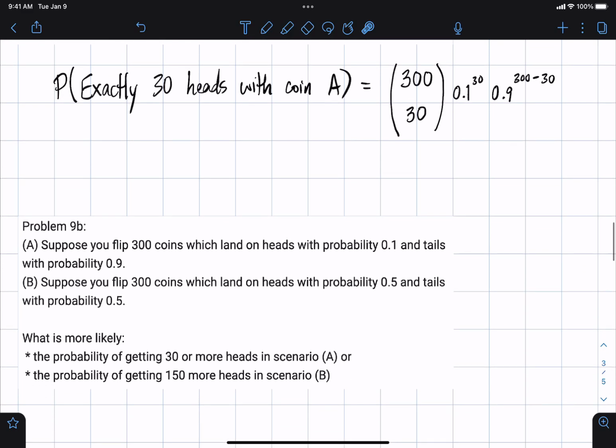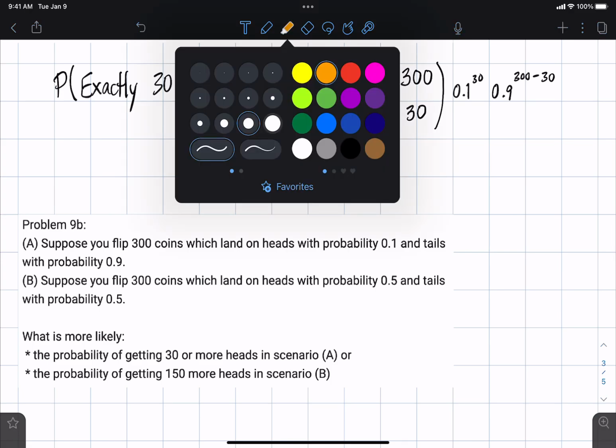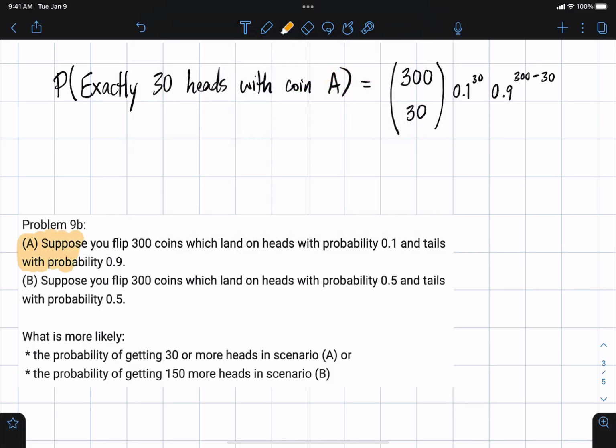Okay, in problem B, we have something essentially similar. We're flipping 300 coins, same scenario, landing on heads with probability 0.1. And we want to know now the probability of not just getting exactly 30 heads, but getting 30 or more heads.